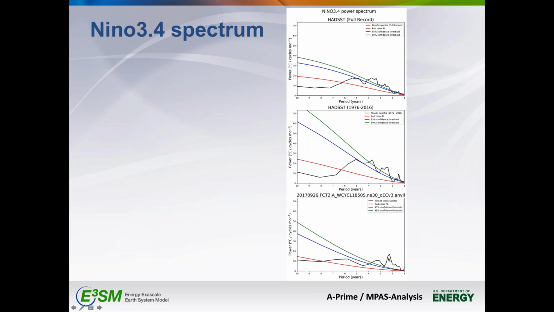It's weaker than the observation, but we have power. On the frequency, it may be a little bit skewed towards the shorter periods rather than the longer ones. But it's much better again than what we had before. And hopefully when we have a longer simulation, we may have a little bit more power here.